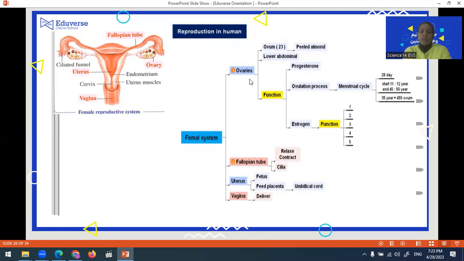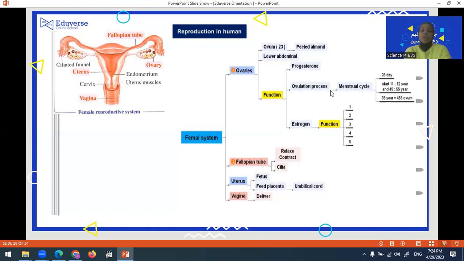The function of the ovaries is to contain and produce the ovum, plus it will secrete 2 hormones. The first is progesterone, which is very important to maintain the continuity of the pregnancy. And the estrogen is like the testosterone in the male reproductive system, responsible for the secondary female sex characters. And of course, the ovulation process, the menstrual cycle, starts in the ovary.